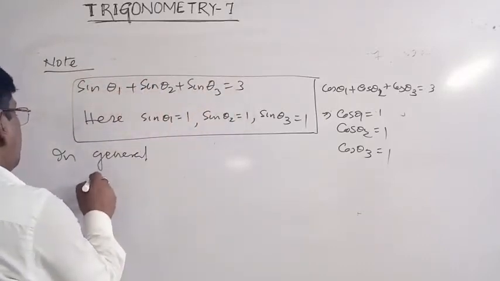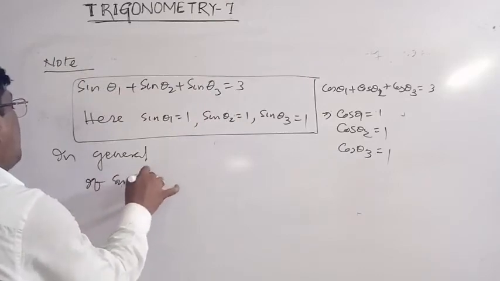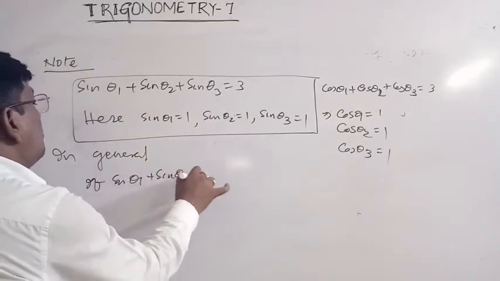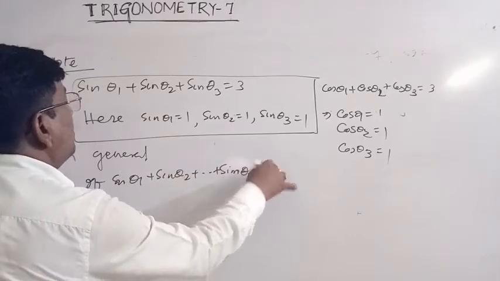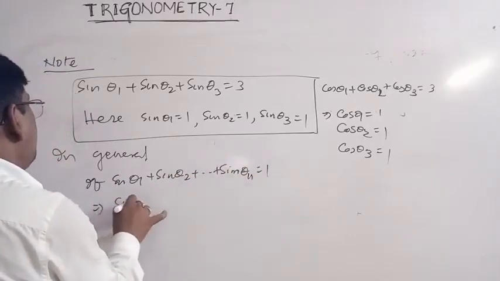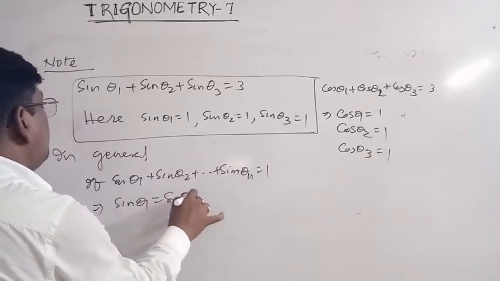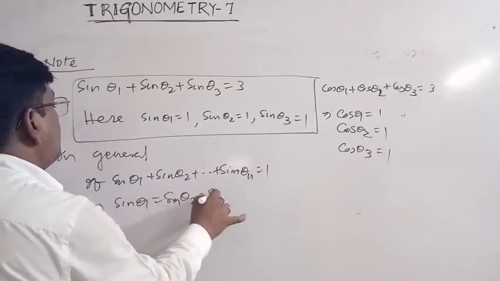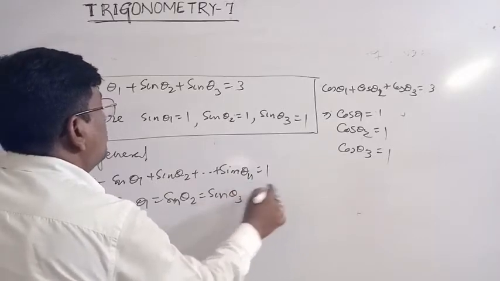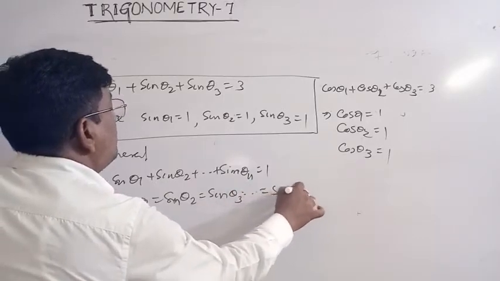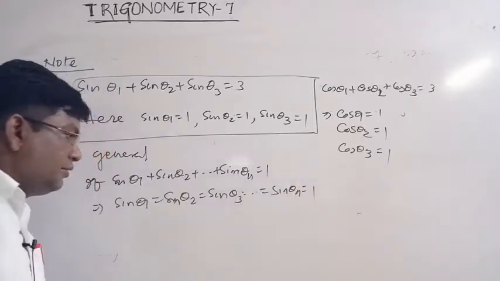And in general, if sin theta 1 plus sin theta 2 plus up to sin theta n is equal to n, that implies sin theta 1 is equal to sin theta 2 is equal to sin theta 3, up to sin theta n, each is 1.